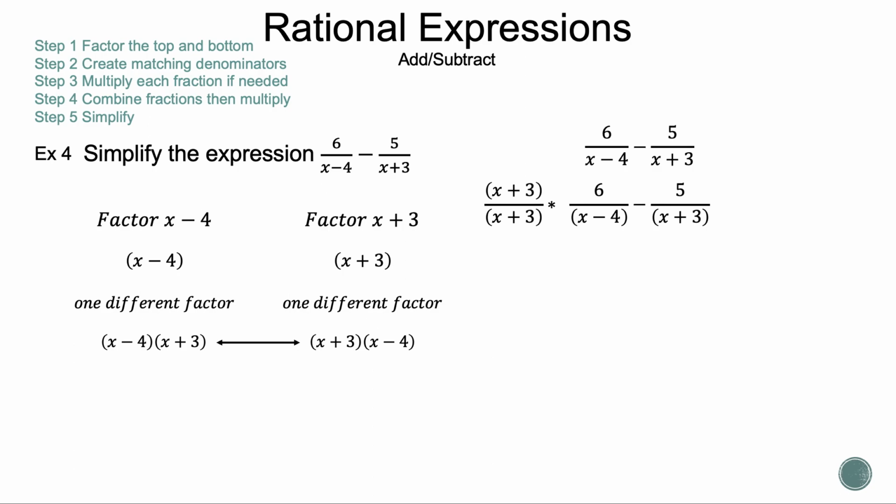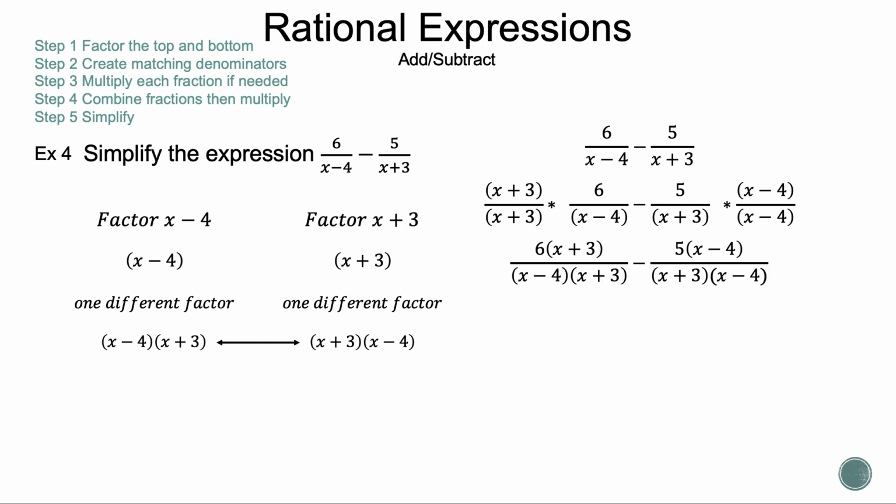What do we think is the next step? That's correct. We're going to multiply 5 over the quantity of x plus 3 by the quantity of x minus 4 over the quantity of x minus 4, so we can have matching denominators. Now, if we set the right side first or the left side first, it's still correct.